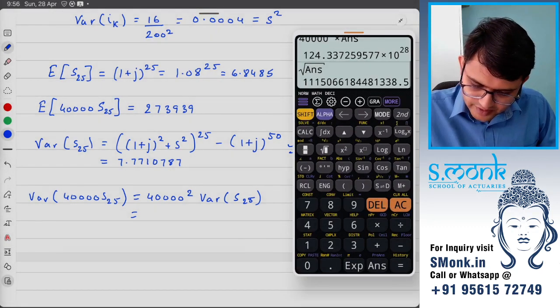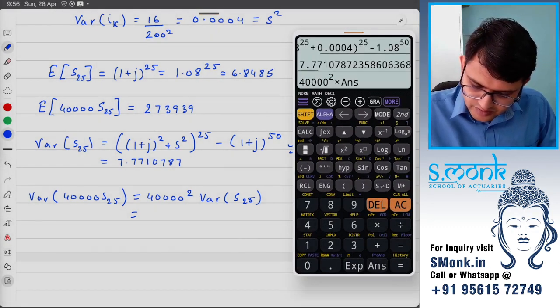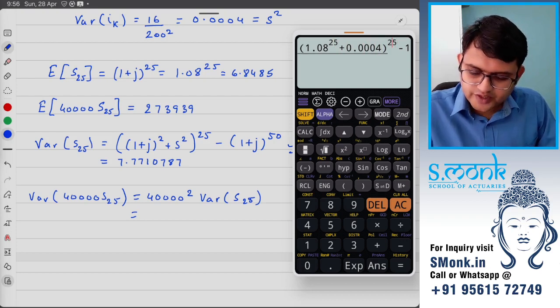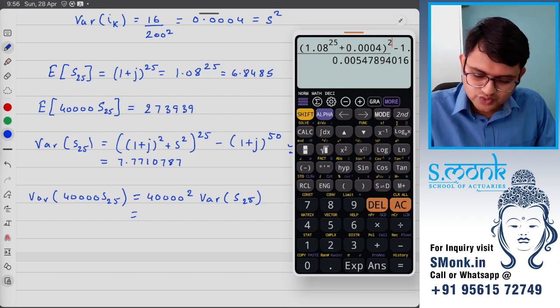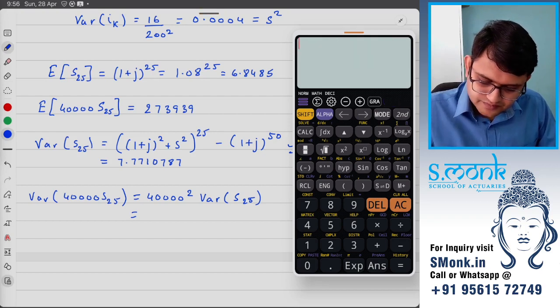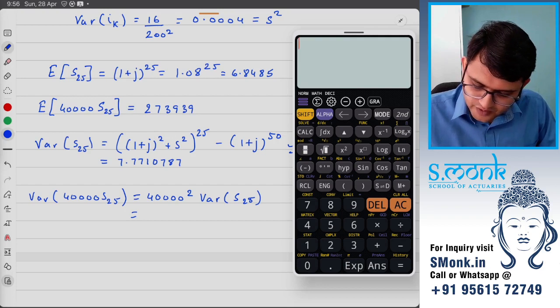Yeah, I think there might be a mistake. I'll check that equation. 1.08 raised to 25. Okay, here's the mistake. I wrote raised to 25. It should be raised to 2. This is raised to 2, I wrote 25 here.